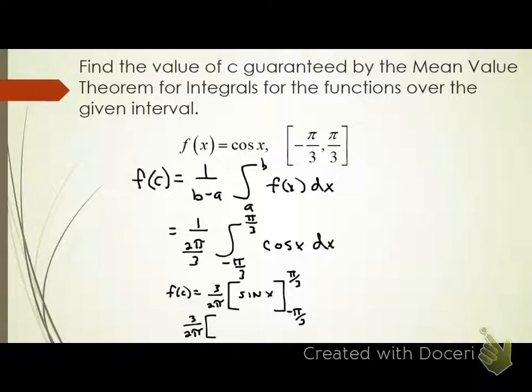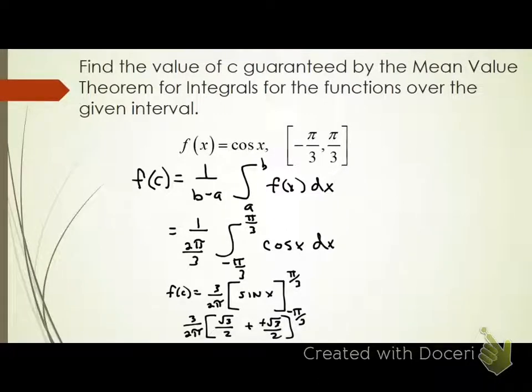Square root of 3 over 2, minus, what's the sine of negative pi over 3? That would be negative square root of 3 over 2, wouldn't it? So that becomes plus plus. So let's see, square root of 3 plus square root of 3 would be 2 square root of 3 over 2, which would just cancel to give me square root of 3.